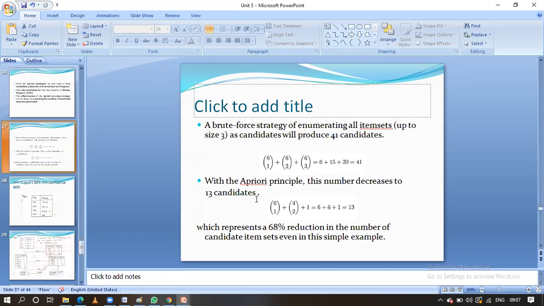The item sets are reduced: in the first item set we got 6, in the second item set we got 6, and in the third item set we have only 1, that is overall 13. Without the Apriori principle we have to go for 41 iterations, but with the help of Apriori we reduced it to 13.